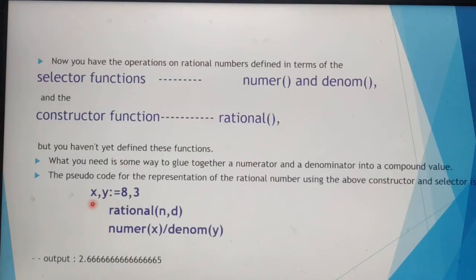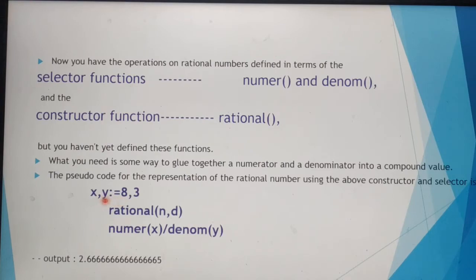Here is the pseudocode for the representation of the rational number using the above constructor and selector functions. We have one constructor function, rational, and to extract the two values we need two selector functions, numer and denom. Here x, y := 8, 3. The colon equal means these values are assigned to the variables x and y: 8 to x and 3 to y.